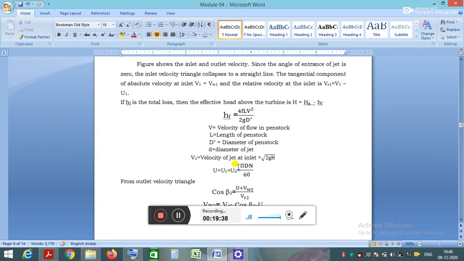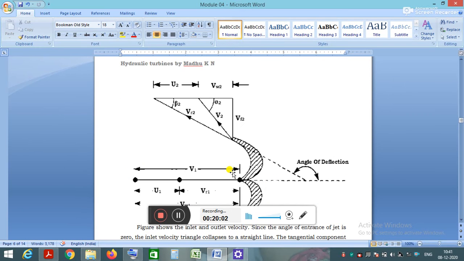Okay, therefore the velocity of the jet at the inlet of the turbine is given by square root of 2gh, where h is the effective head which is available at the inlet of the turbine. The blade speed at the inlet and the outlet, U1 is equal to U2, because why? It is an impulse turbine.